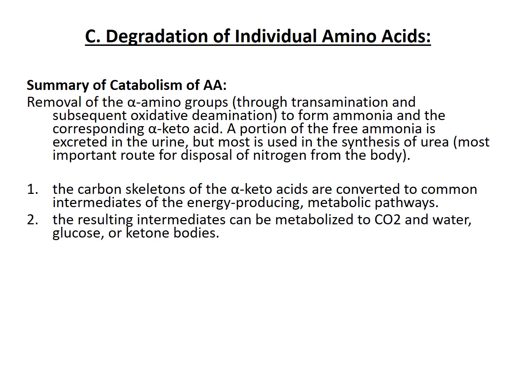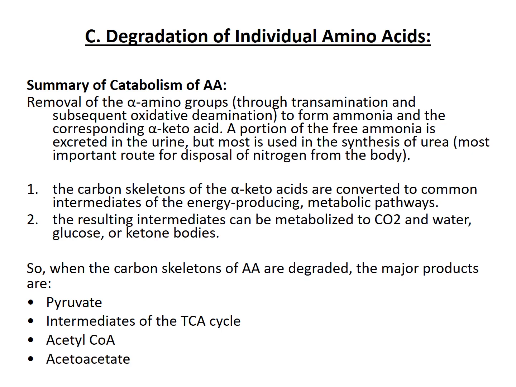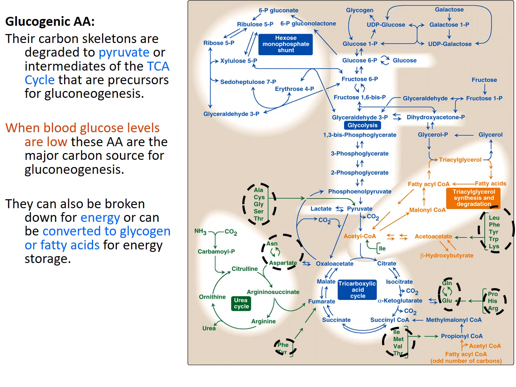And it can also be turned into intermediates that can be metabolized to further energy, carbon dioxide, water, or then they can go to glucose and ketone bodies. So the major carbon skeletons of amino acids that are degraded further: pyruvate, intermediate of tricarboxylic acid cycle, acetyl coenzyme A, and acetoacetate. So this is what shows you the glucogenic amino acids, which I showed you before.